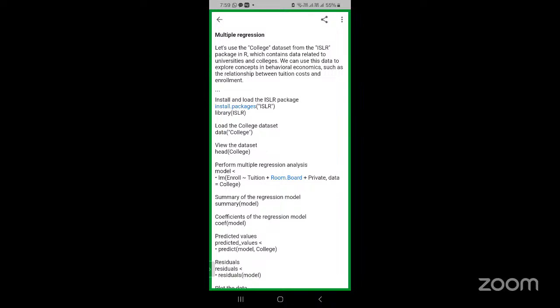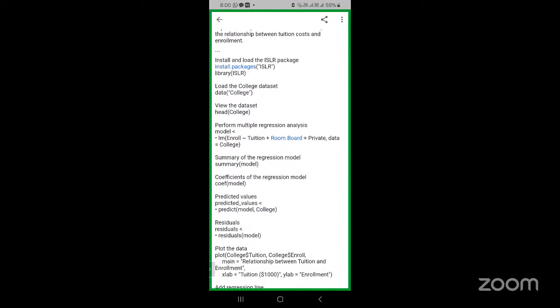Here the purpose is to find out the student enrollment determinants. So tuition is a variable, room board is a variable. And like the simple regression, you will get the multiple regression data.